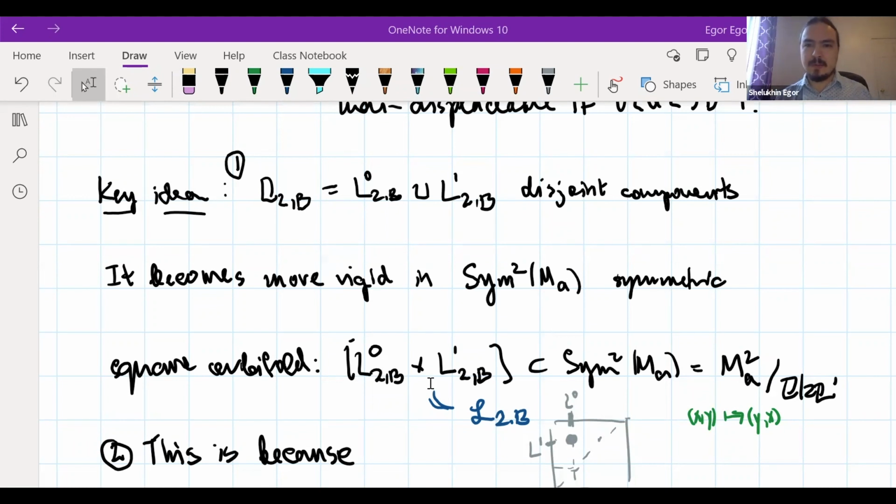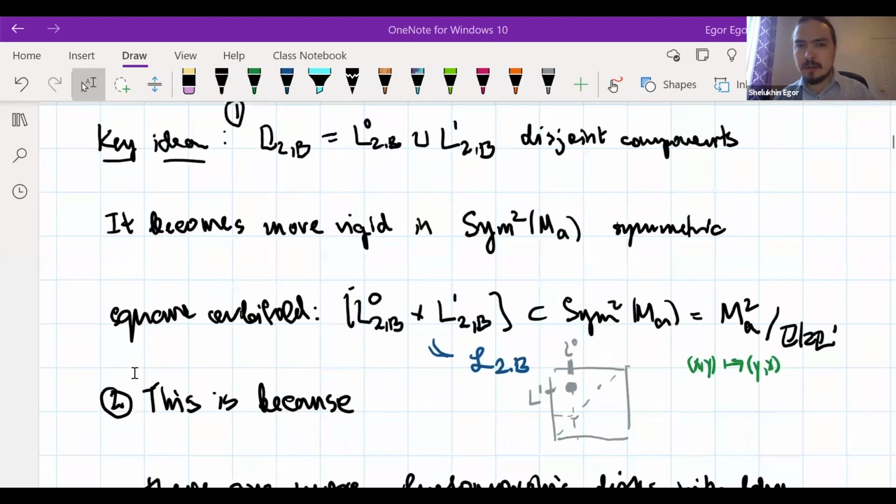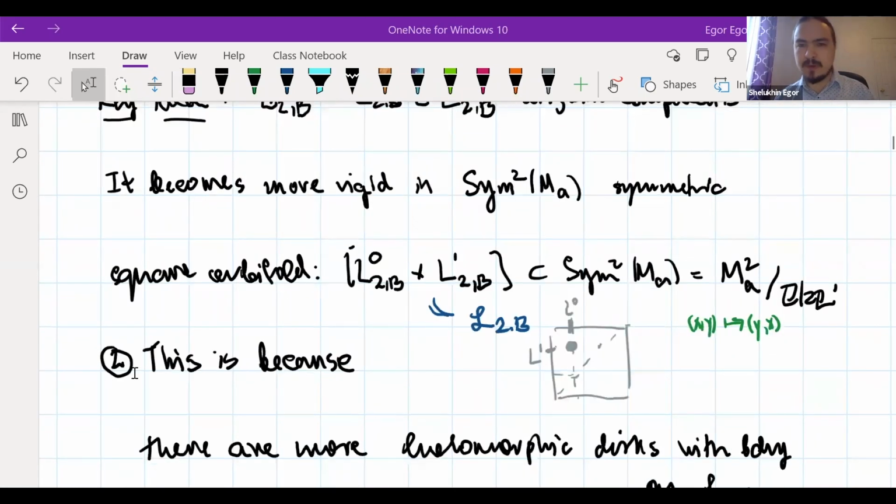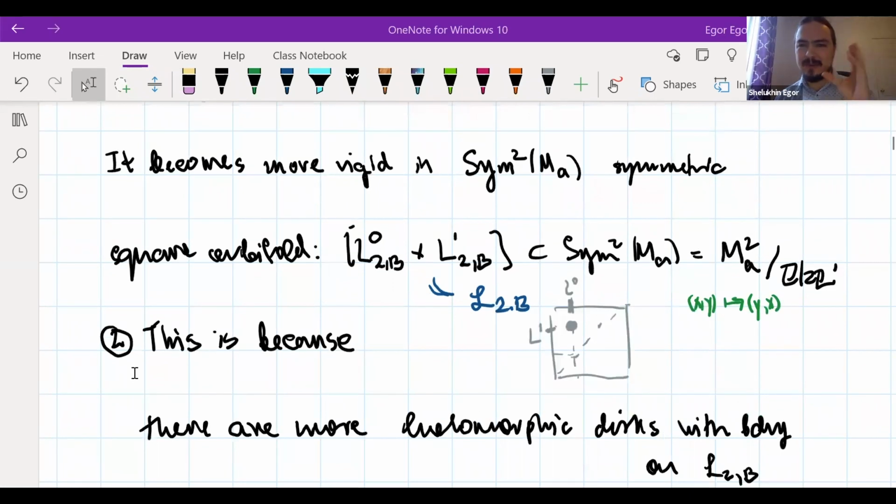It will be sitting inside the smooth locus of the symmetric square. So you get this Lagrangian torus, L curly^{2B}, in the symmetric square. The symmetric square here is just M_A squared over Z_2, where Z_2 acts by interchanging the coordinates, so (x, y) goes to (y, x). And you consider it as an orbifold. So the diagonal is somewhat singular.